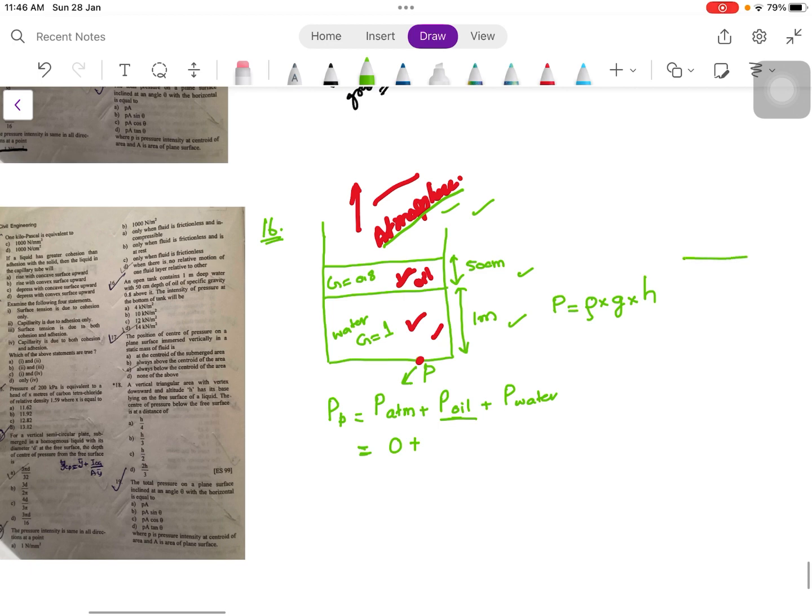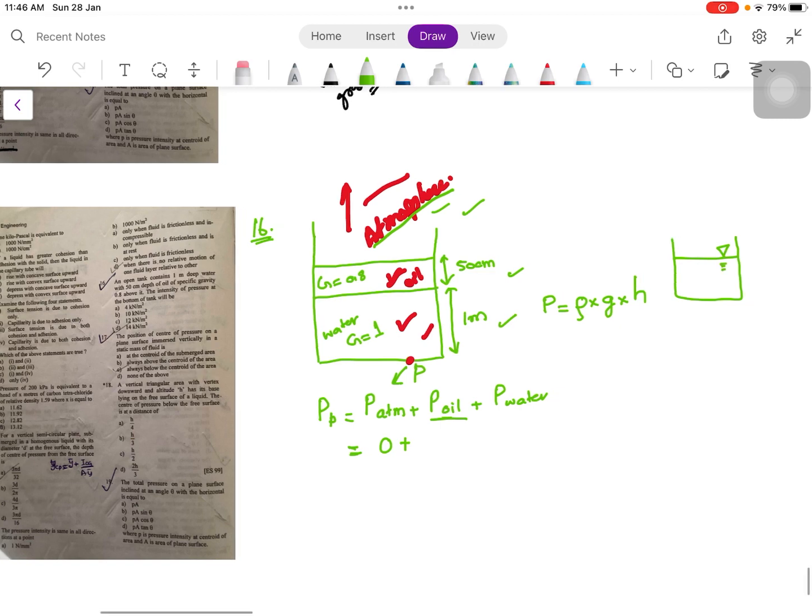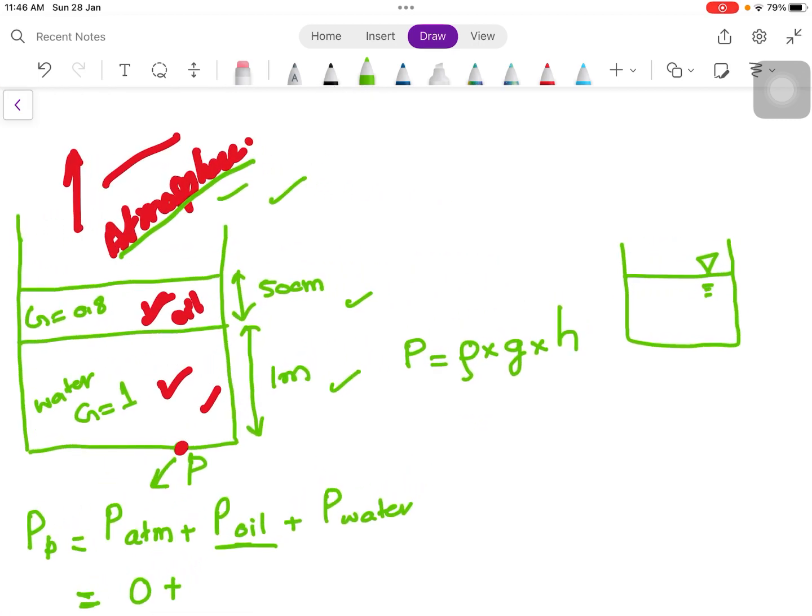Let us say we have a layer of water in this container, and we need to find the pressure at this point. So the pressure at this point P is equal to rho g h.